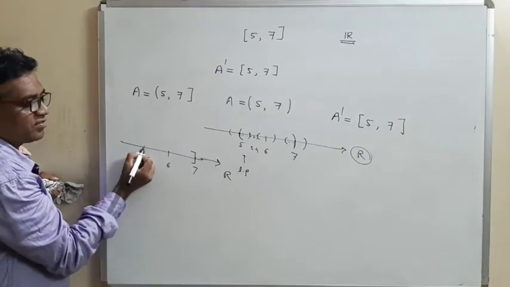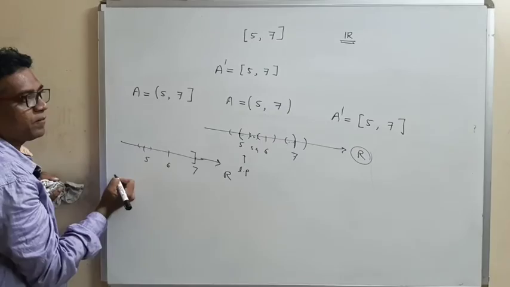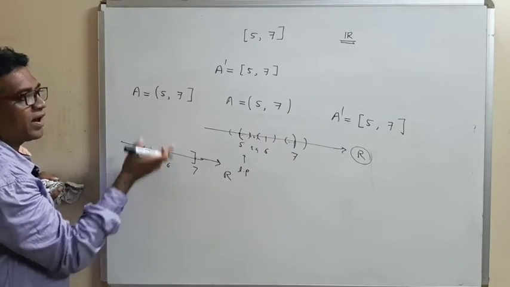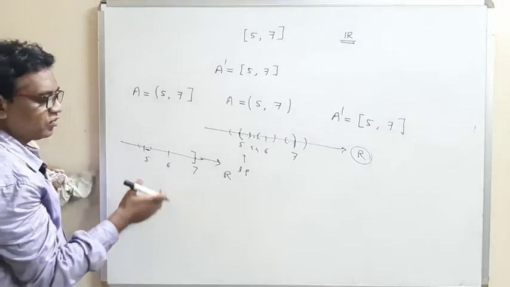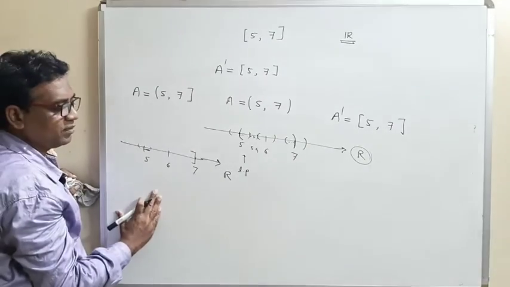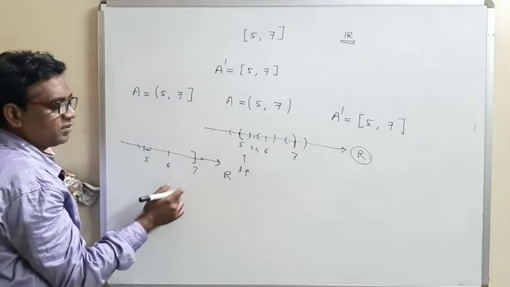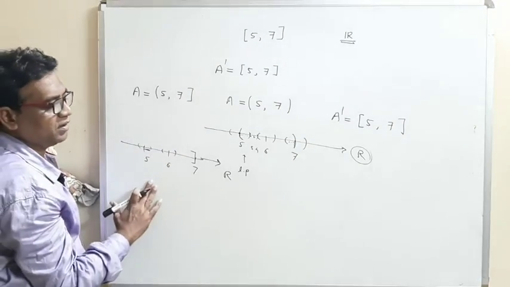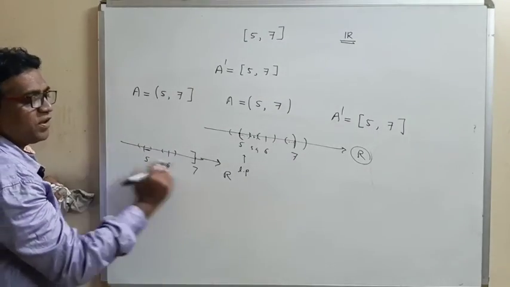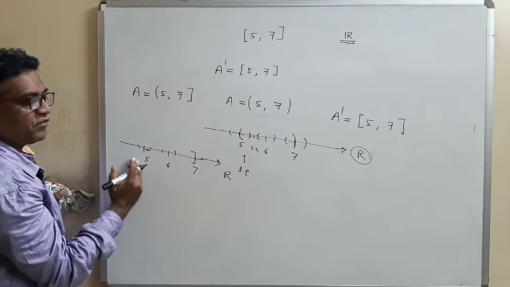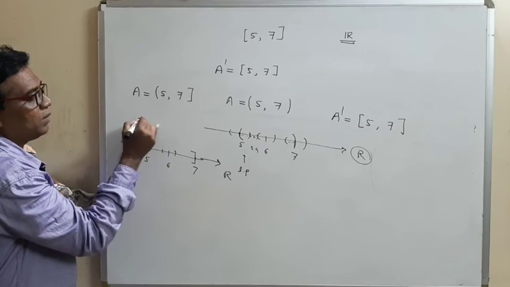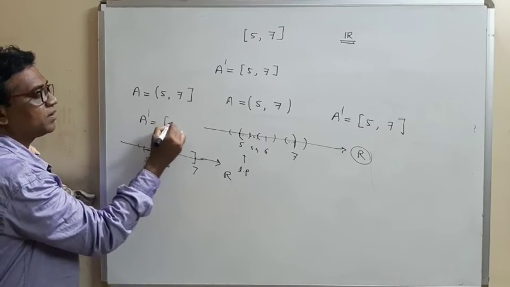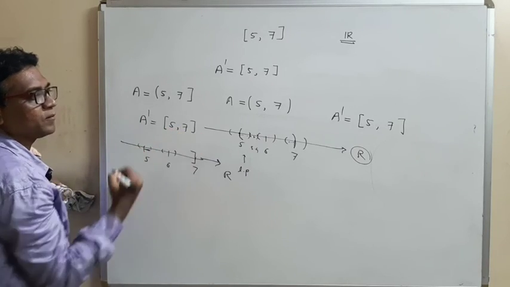If we take x equal to 5, then this is the open sphere, and it contains infinitely many points of the given set. So x equal to 5 is a limit point. 6 is a limit point, because if we draw the open sphere, it contains infinitely many points. Similarly, we can show this for every point in between 5 and 7. So the limit point set for this set is nothing but the closed interval 5 to 7.